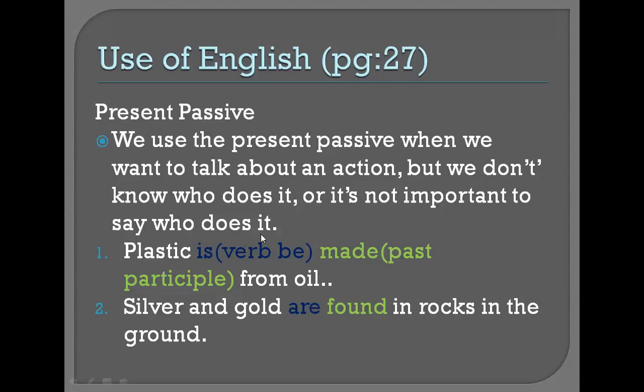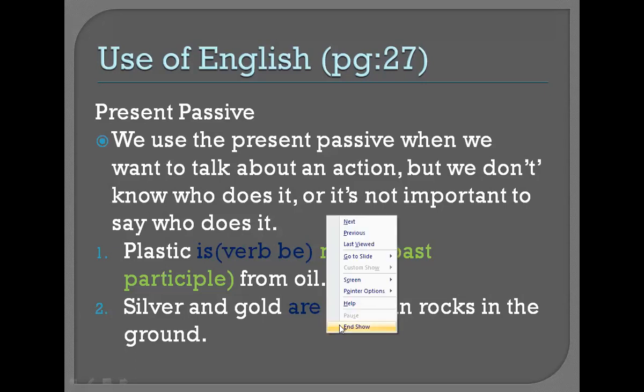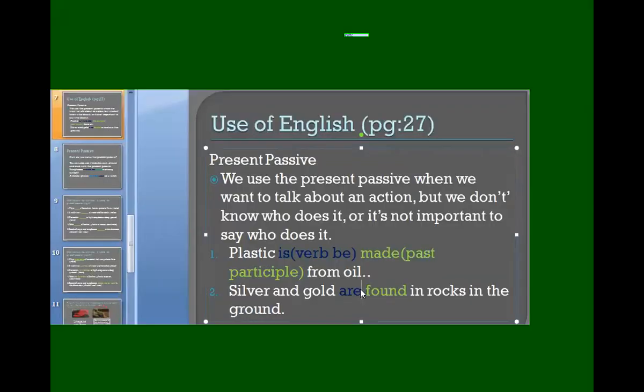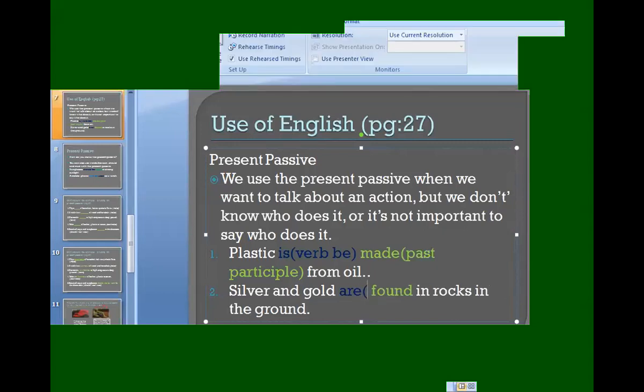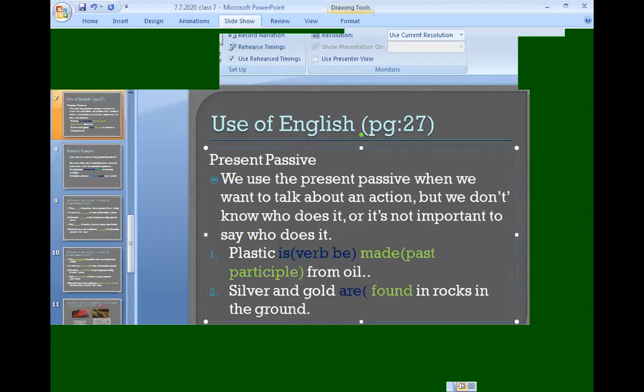Please tell me. Silver and gold are found in rocks in the ground. Now, what is the verb be? Can you please tell me? Write your answers. What is the verb be?